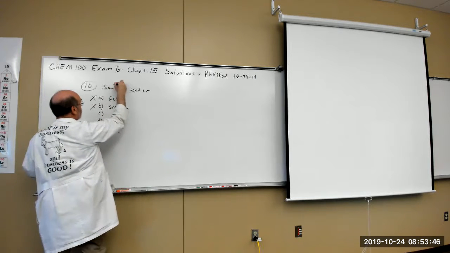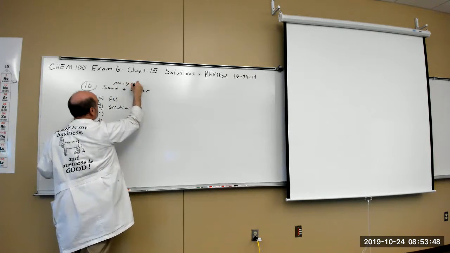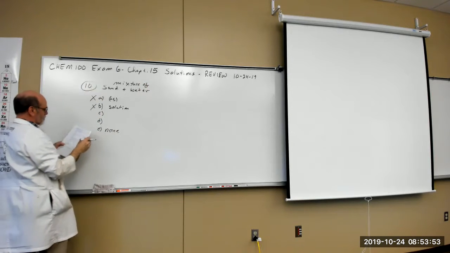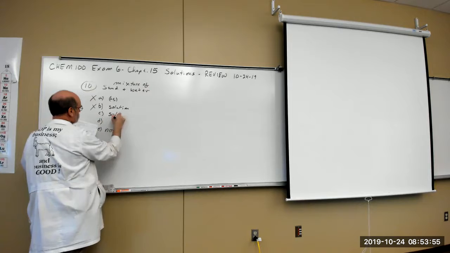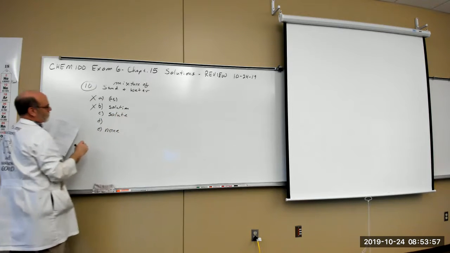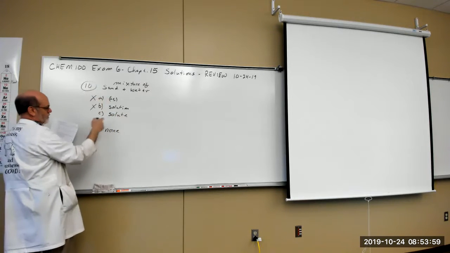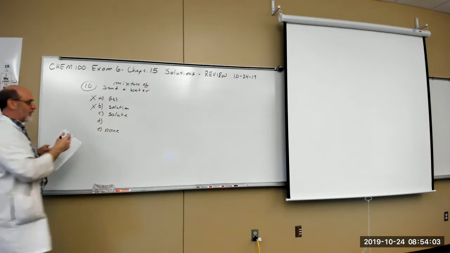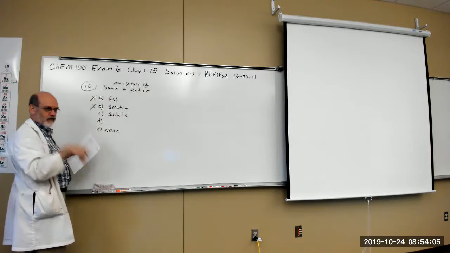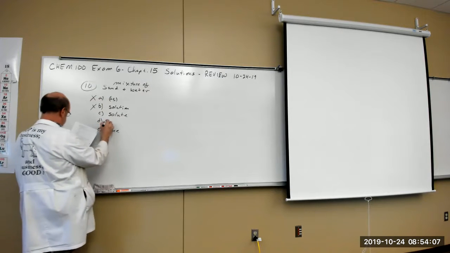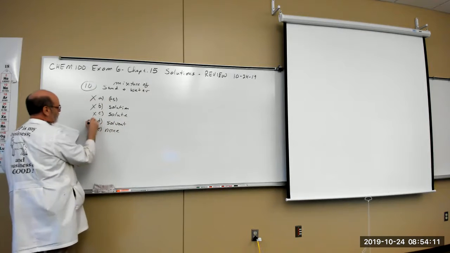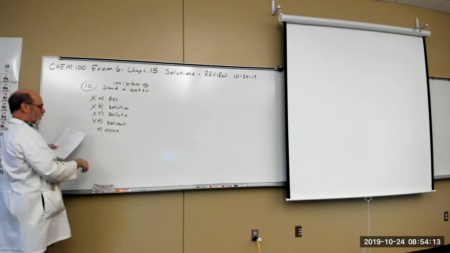This is actually, the terminology is a mixture. How about C? Is it a solute? No, because we're naming it as a mixture. A solute is a component, the minor component that goes into the solvent. Okay, so it's neither one of those. So the one left is none.